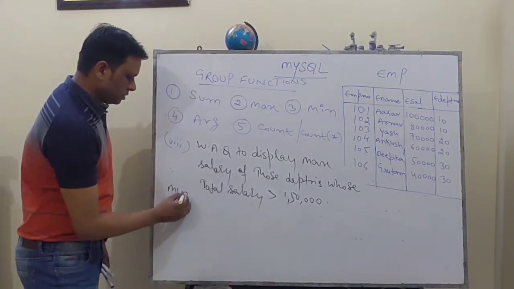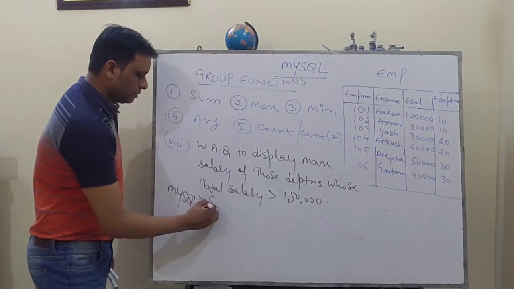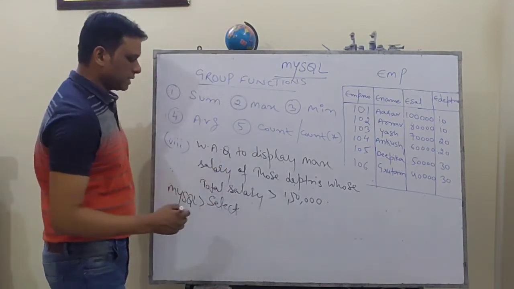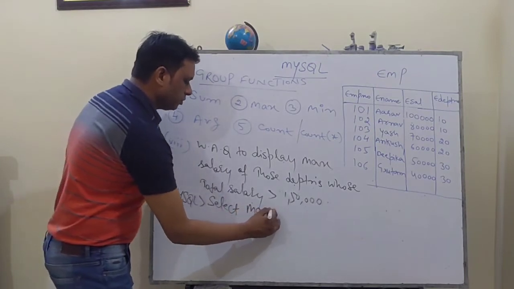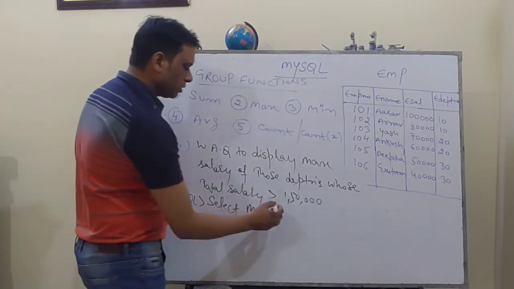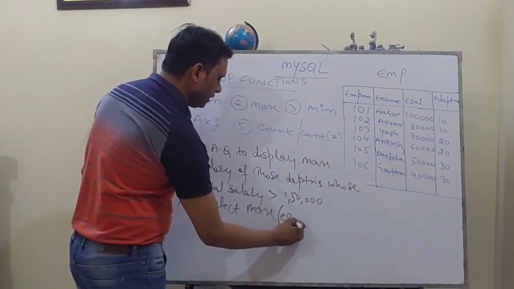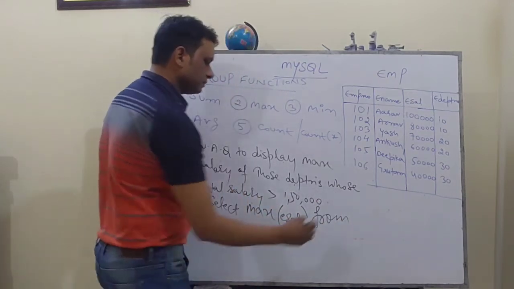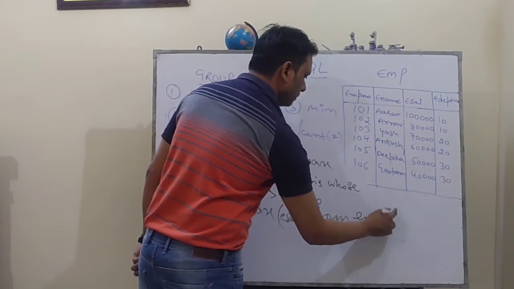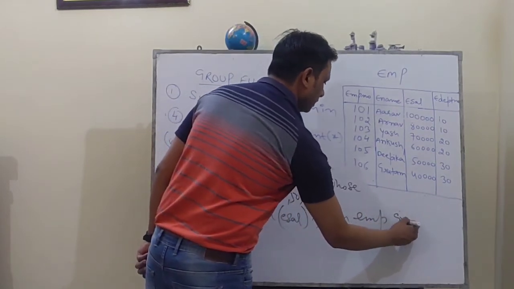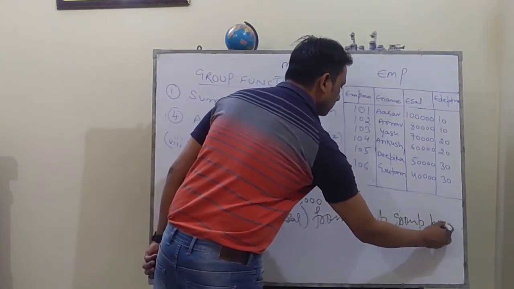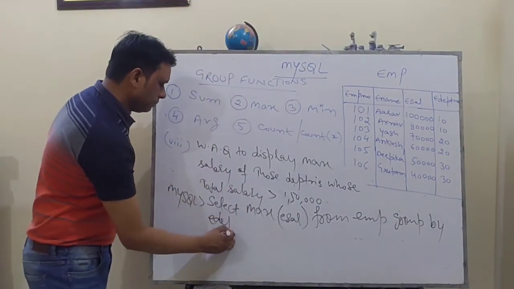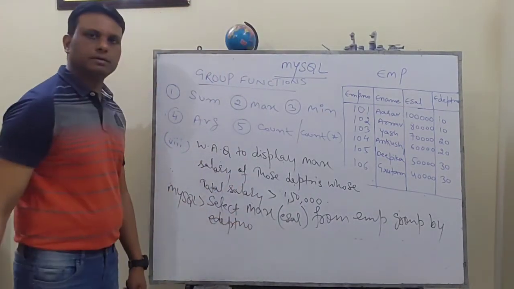So how to write it in MySQL? Select, to display maximum salary we have to use max. What max? Max E salary from EMP. Then use group by. Group by E department number.